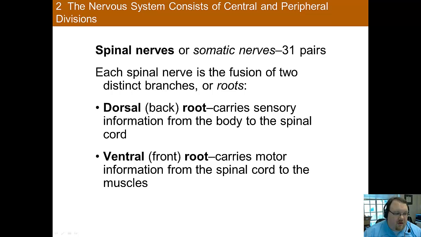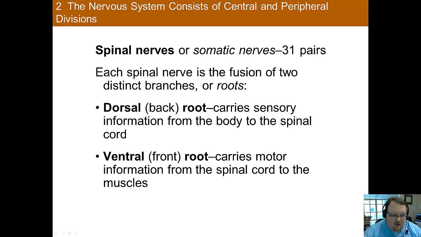And each spinal nerve is the fusion of two distinct branches or roots. You have the dorsal root, and this root carries sensory information from the body to the spinal cord. So any touch sensation like that, that's all dorsal root. It's taking that information and carrying it to the spinal cord.